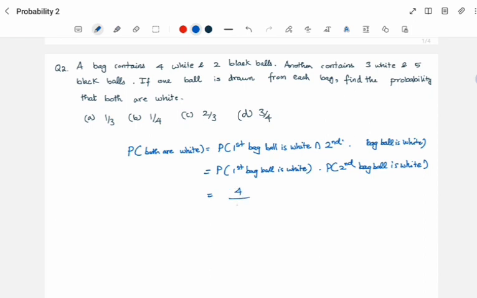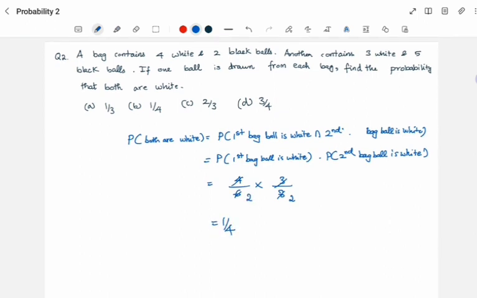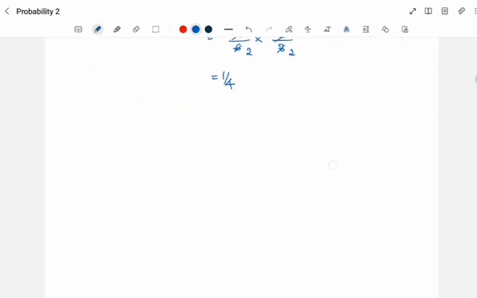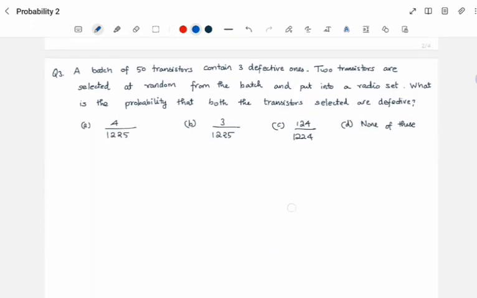It is 4 by 4 plus 2, 4 by 6, into second bag, it is 3 by 3 plus 5, that is 8. So this will be twice, this will be twice, so I will get 1 by 4. Here we have used the property of independent sets. So this way you can easily solve it. 1 by 4. Okay. Moving on to the next question.